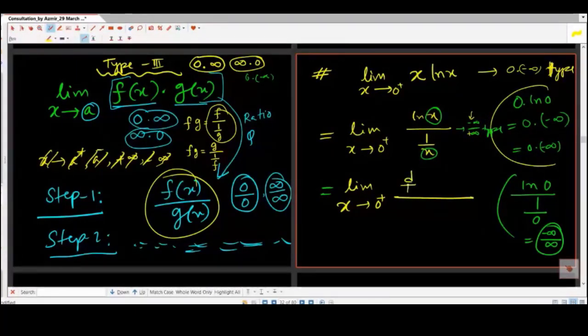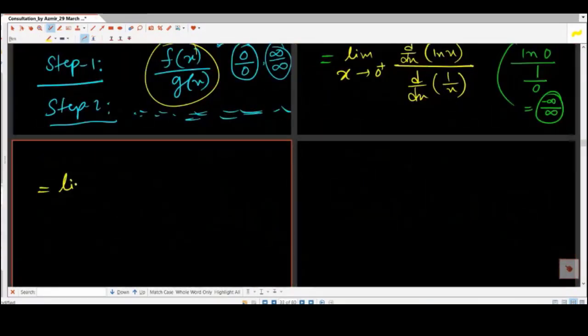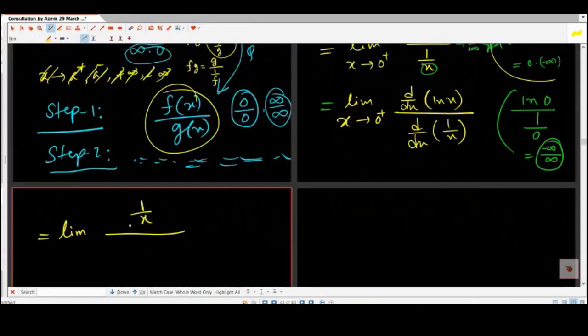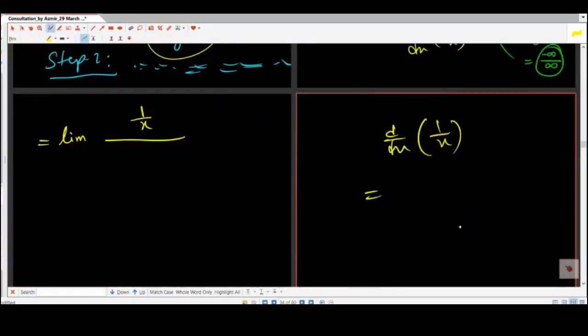So d/dx of natural log of x, d/dx of 1 over x. Now natural log of x, its differentiation will be 1 over x, and differentiation of 1 over x. 1 over x can be written as x to the negative 1.